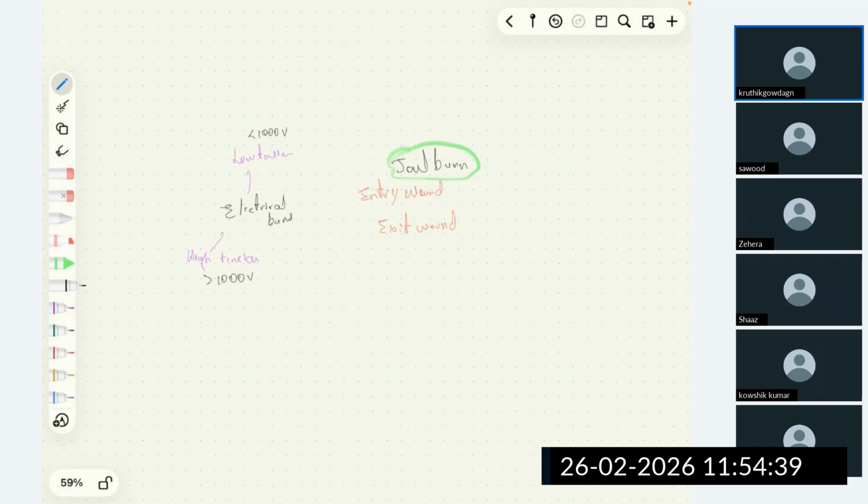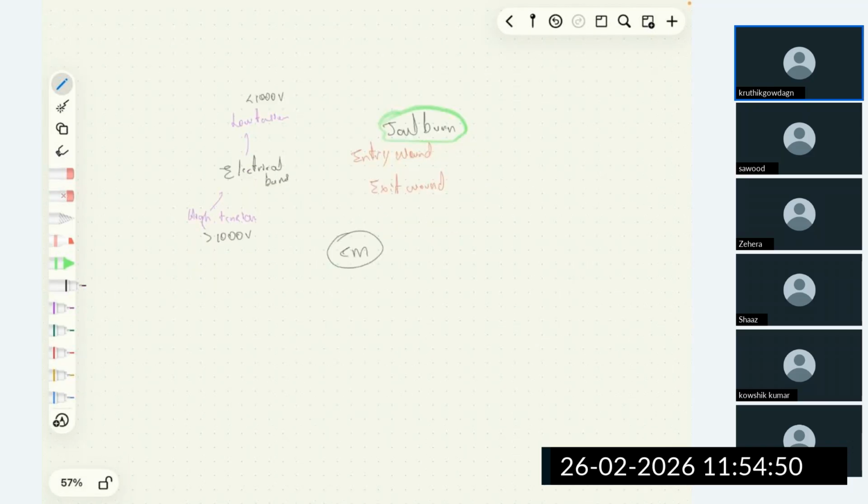We'll see that in a few minutes. Often convulsions can develop. So clinical manifestations: above we have deep burns, and also systemic manifestations. We have CNS convulsions, and in the heart we have arrhythmia.